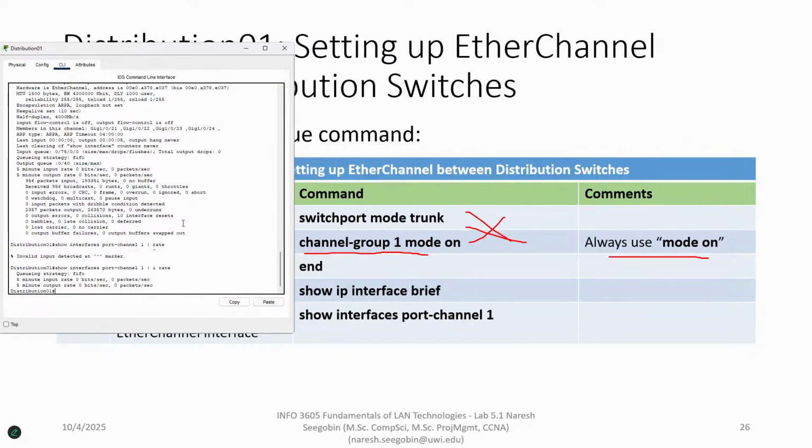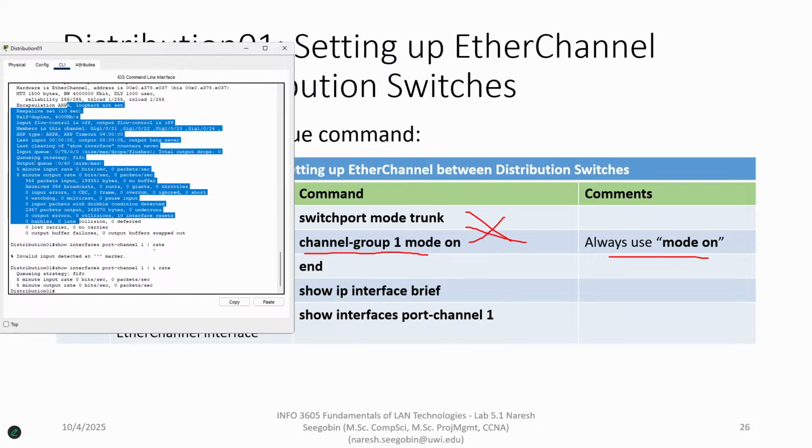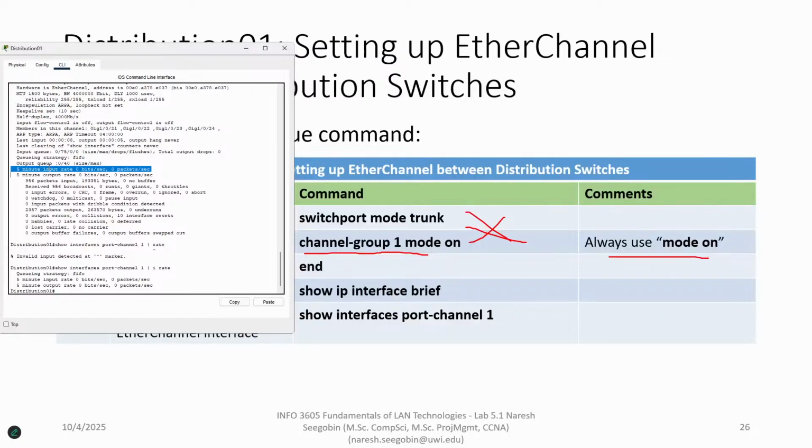So what I would normally do is show interfaces port channel 1, pipe I for include, which is a regular expression, and then put the word rate. So any line with the word rate, I'm looking at the rate here, it's going to show me the input rate and output rate per second. I use this to determine how much bandwidth is going across that port channel, and those 4 links. When I do site replication, I sometimes get up to 18 gigabits per second rates, right? And I use that to monitor.